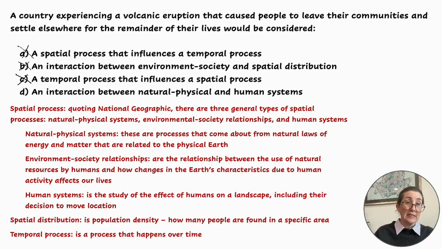So that leaves us with D, an interaction between natural, physical, and human systems. Does that work? Human systems, the study of humans including their decision to move, so that checks, and natural physical systems, the processes that come about from the natural laws of energy and matter related to physical Earth. So that checks out. So D would be our answer here.